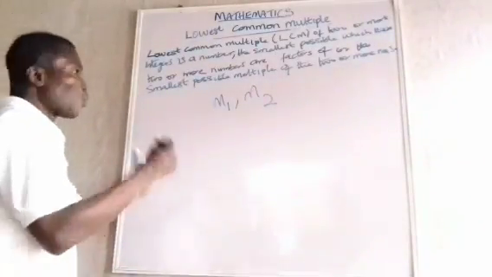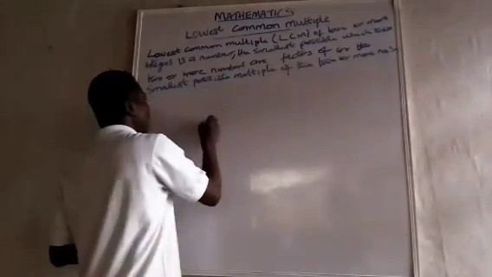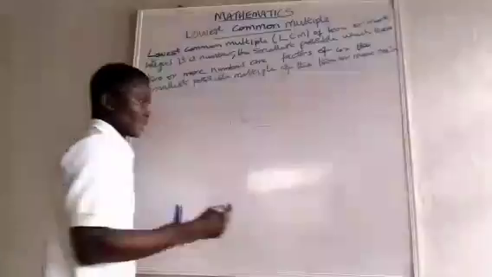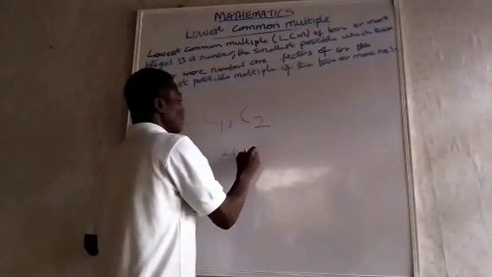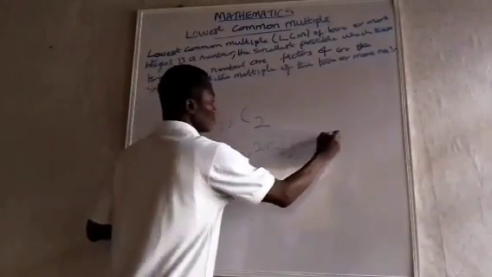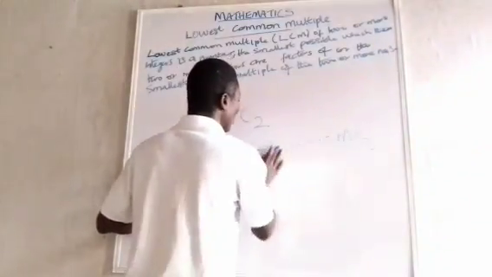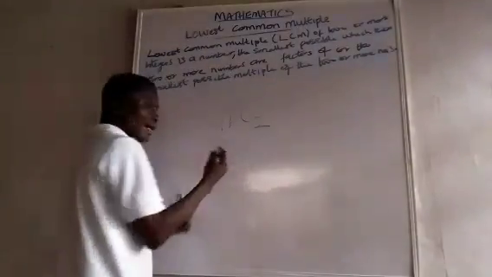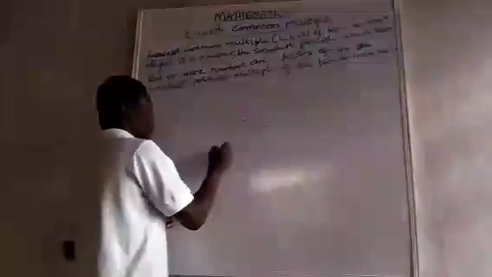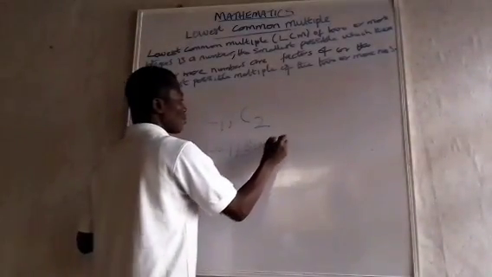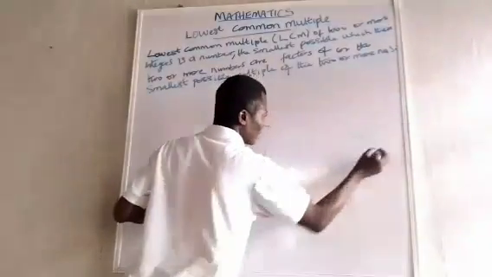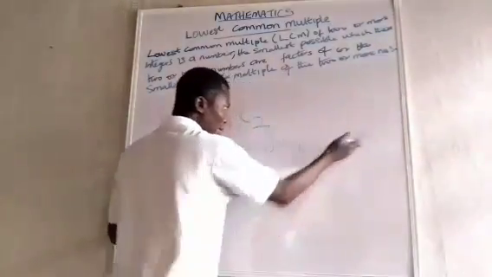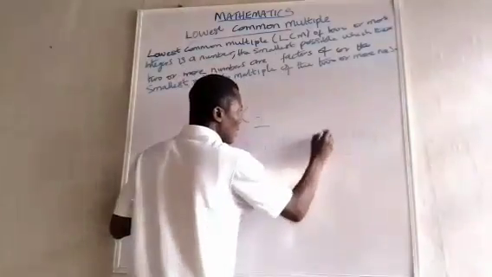But now we are talking of lowest common multiple. That is, if we have numbers C1 and C2, C1 has so many multiples, like 2C1, 3C1, 4C1, up to NC1, and so on. N, K, or J can also be multipliers of C1.